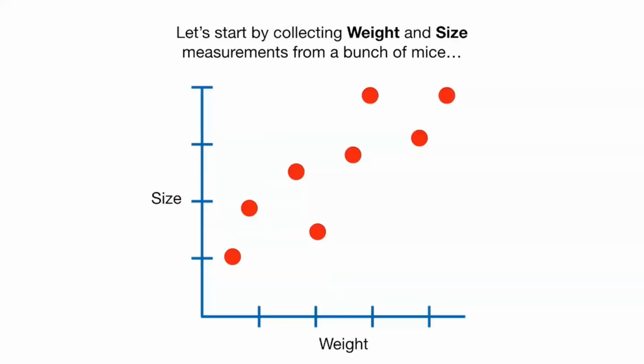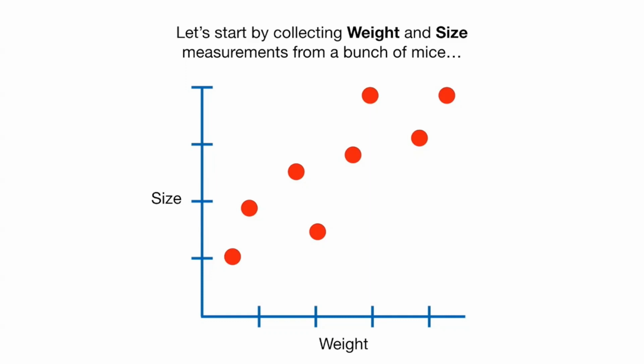Okay. Now we have collected weight and size measurements of a bunch of mice. If we are in a lab and we have a bunch of mice, we can identify the weight of the mice based on the size. Or rather, we can identify size based on the weight.